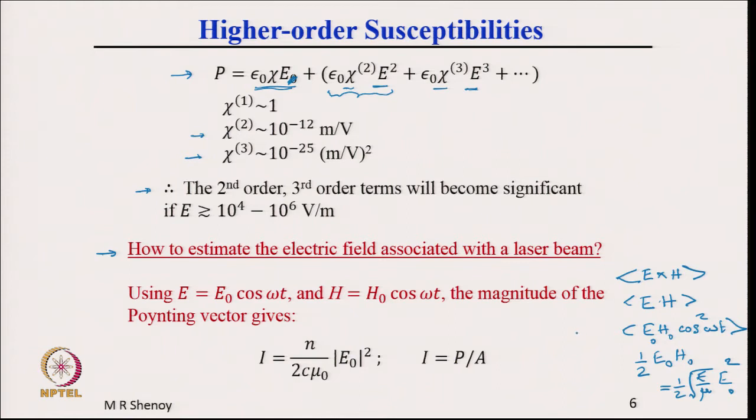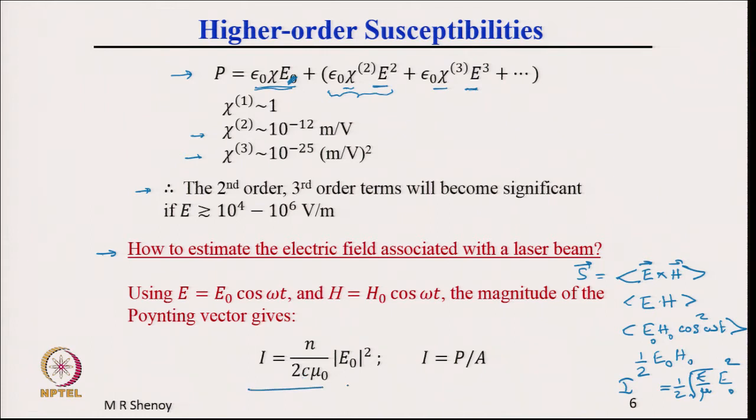So, this is nothing but the intensity, that is the magnitude of the Poynting vector S. So, the Poynting vector S is given by E cross H. So, this is nothing but the intensity I is equal to half square root of epsilon by mu into E 0 square, which can also be written in this form, because n is related to epsilon and mu 0, C is equal to 1 by square root of epsilon 0 mu 0.